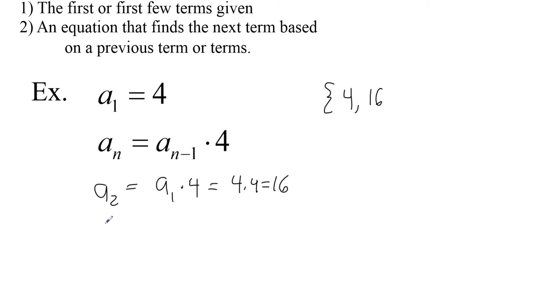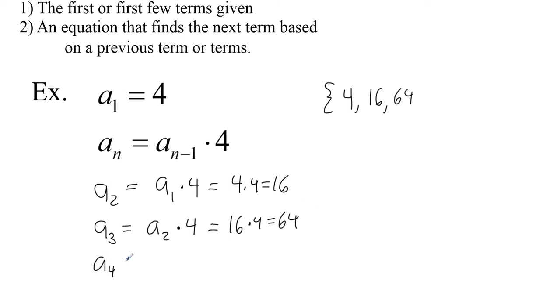The third term, a sub 3, so my n is 3, and then this would be a sub 2 because it's the term before it. Now a sub 2 was 16, and we'll multiply by 4. So since a sub 2 was 16, we're going to go 16 times 4, that's 64. So 64 goes right there.